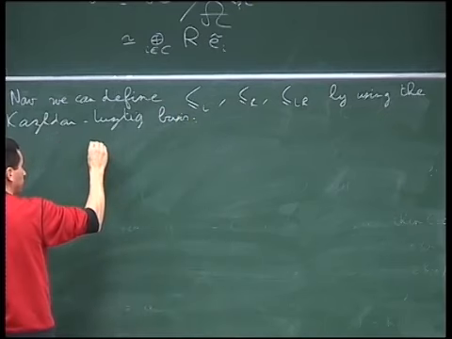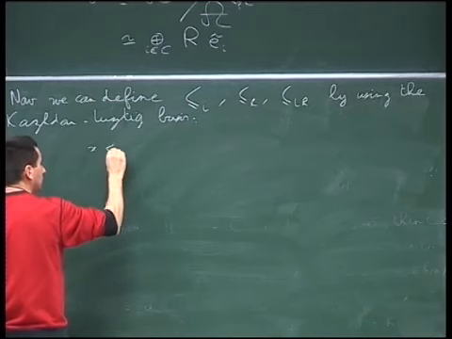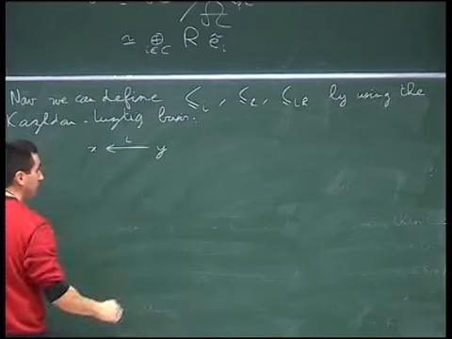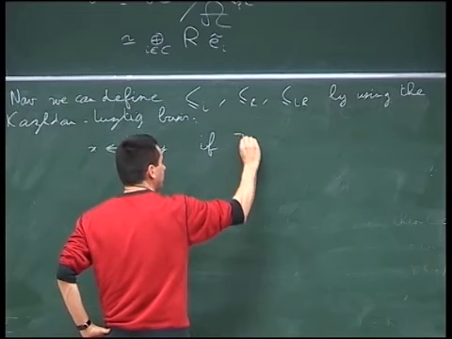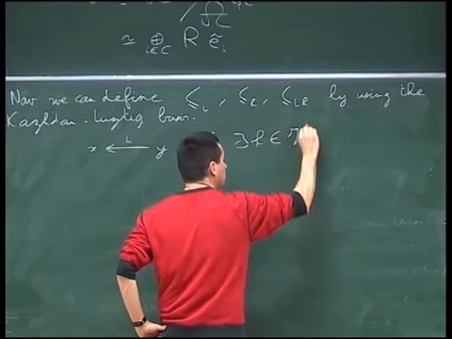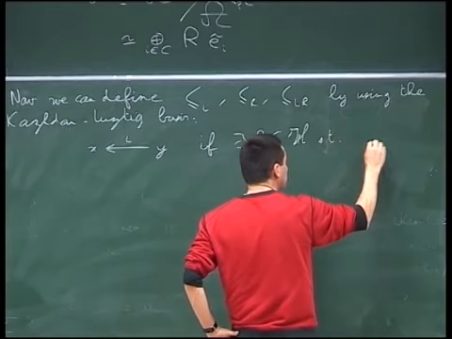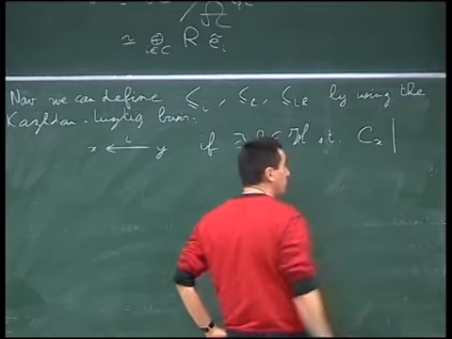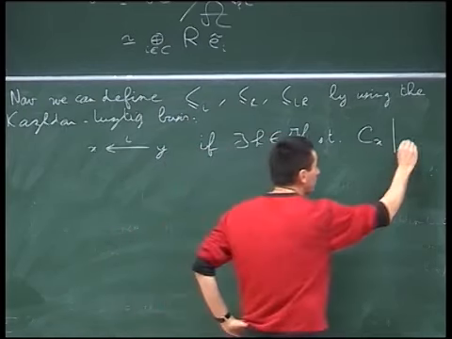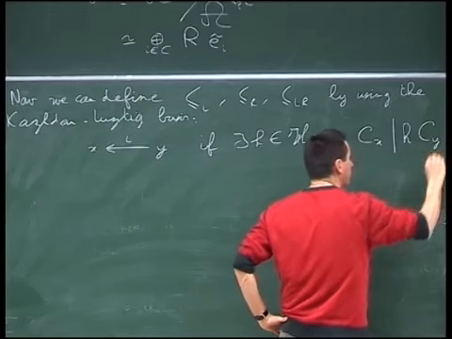So x is less than y if there exists h in the Hecke algebra such that C_x appears with a non-zero coefficient in the multiplication on the left of C_y by h.